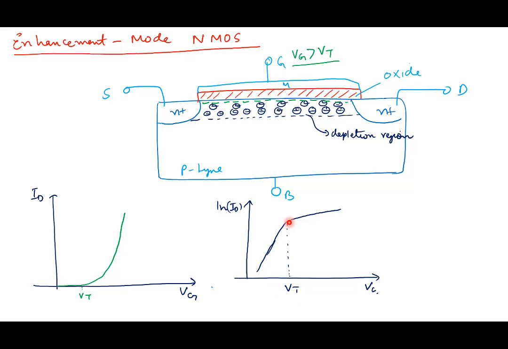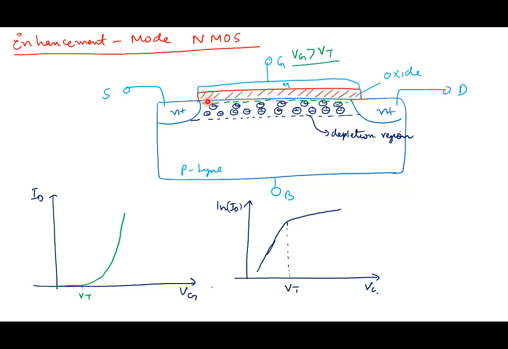Once you reach threshold voltage, the electron density becomes significant. In fact, at threshold, we say that the number of electrons at the surface is as large as the number of holes in the p-type semiconductor. So if the doping is 10 to the power 16 per centimeter cube in the p-type, the number of electrons at the surface is 10 to the power 16 per centimeter cube.